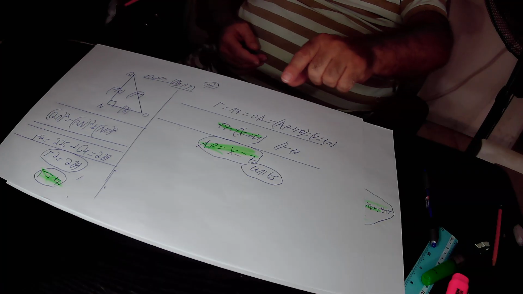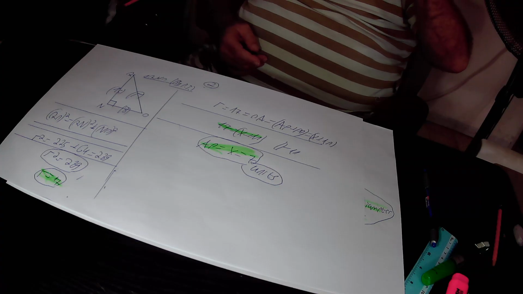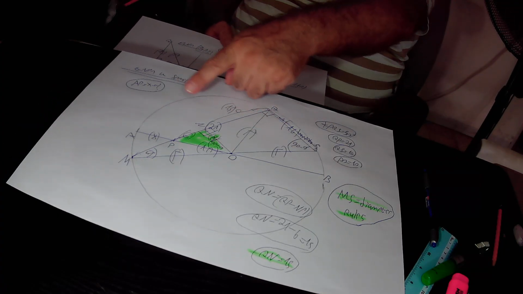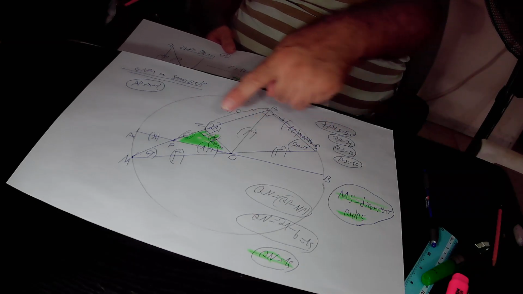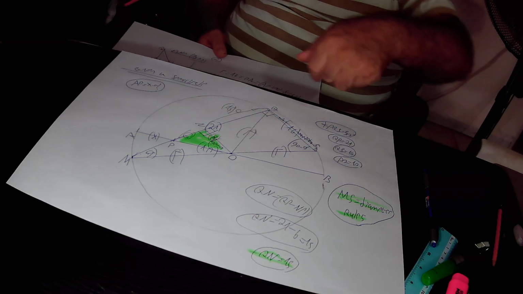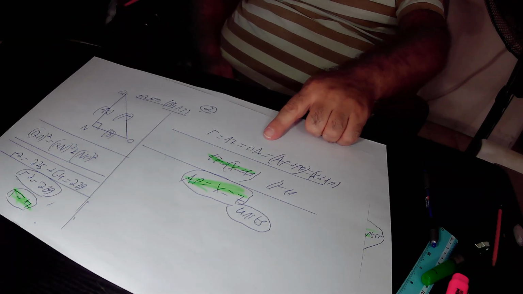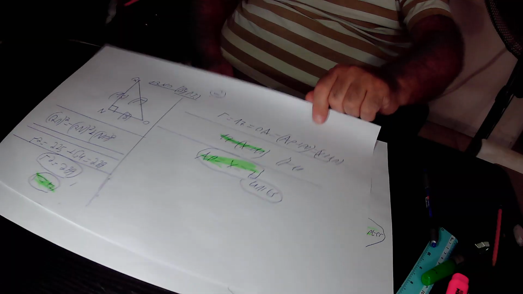From one side, OA is the radius of the circle, which equals 17 units in length. From the other side, OA, or AO, also equals AP plus PO. So you can write that AO equals AP plus PO.